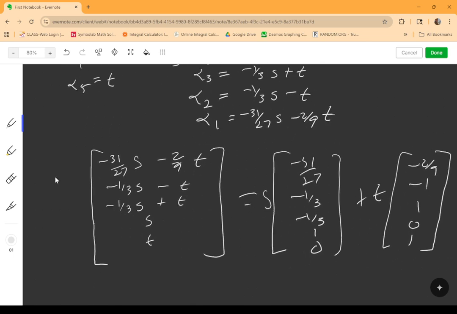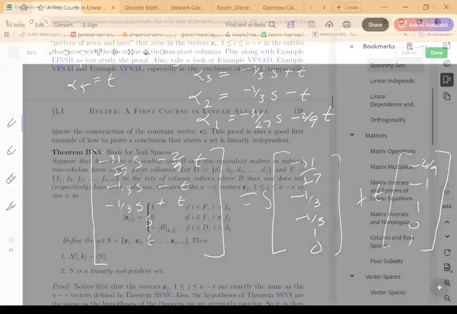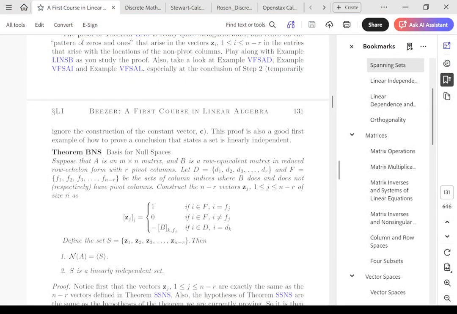So that's what the statement in our textbook is telling me. The z sub j's are just elements.